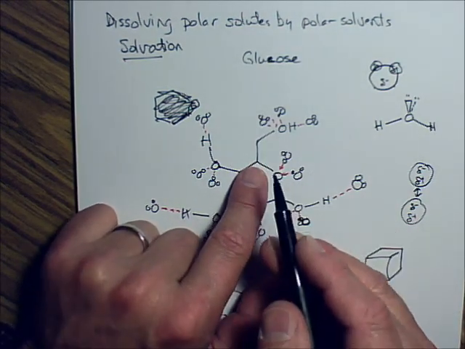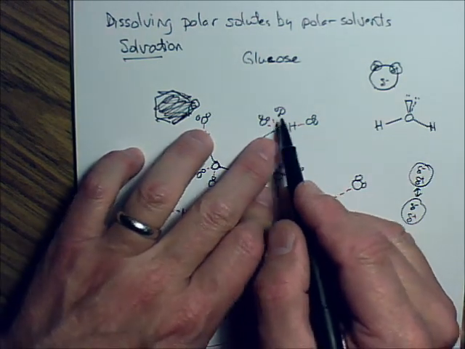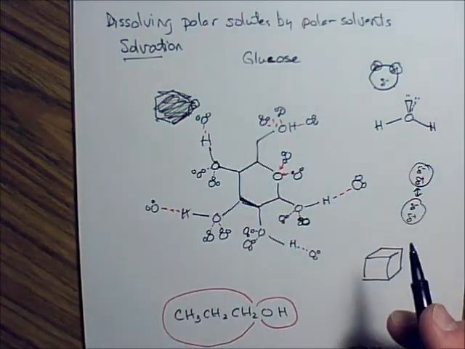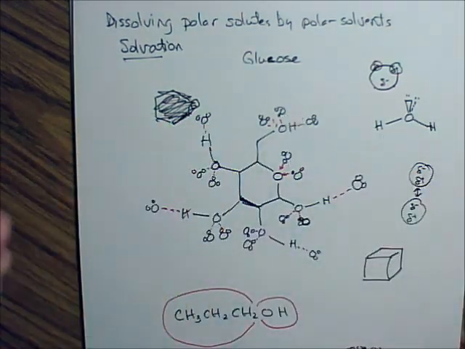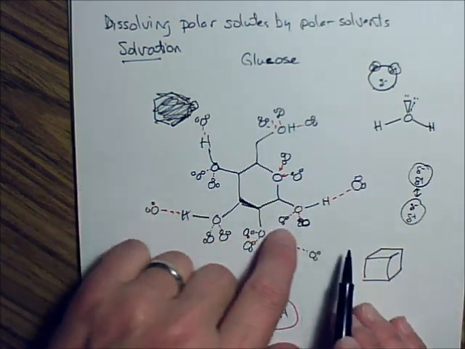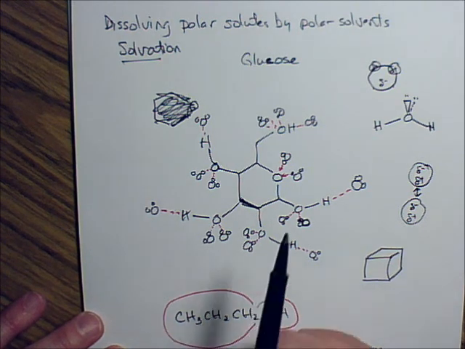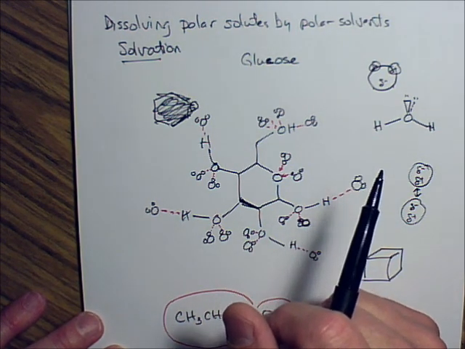Or not bond, but I mean, you replace one kind of attraction with another kind of attraction to get all of those to separate out and join up with the water. Become one single particle in a bunch of water particles. Okay? That's the solvation process. Is that enough of a summary for you?